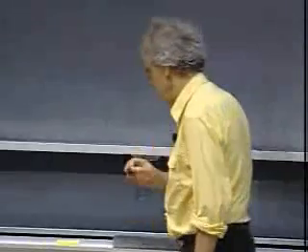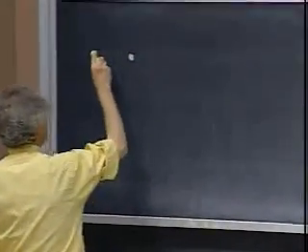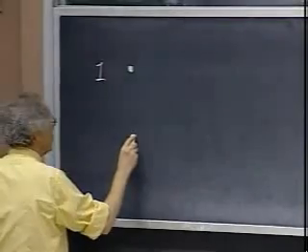Very characteristic for waves are interference patterns, which are produced by 2 sources which simultaneously produce traveling waves at exactly the same frequency. Let this be source number 1 and let this be source number 2.